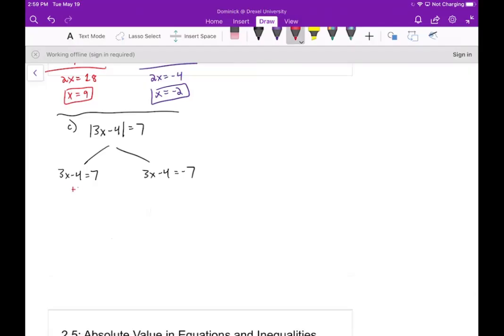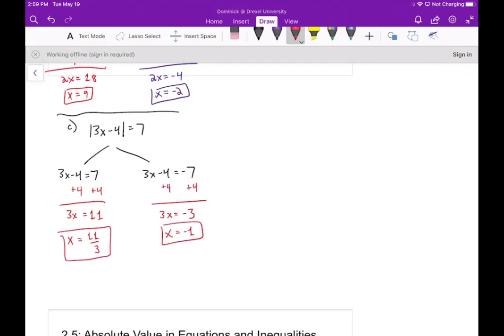So if we add 4, we get 3x is equal to 11, and this would just give me x is equal to 11 over 3. And in this one, if I add 4, we get 3x is equal to -3. So that just leaves us with x is -1. So those are our two solutions here.